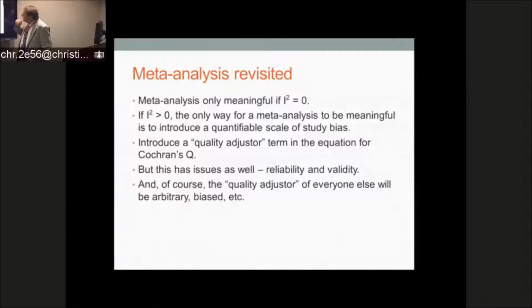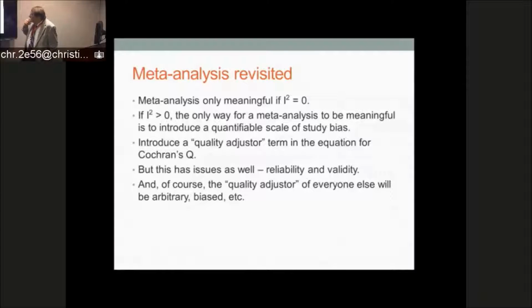A meta-analysis is only meaningful if the I-squared is actually 0. That means you have just random sampling variability in your studies, so you can make some conclusions about it.